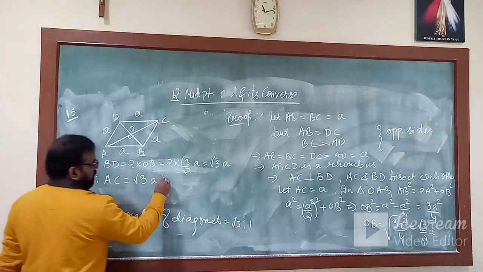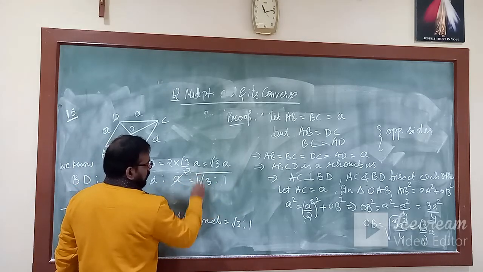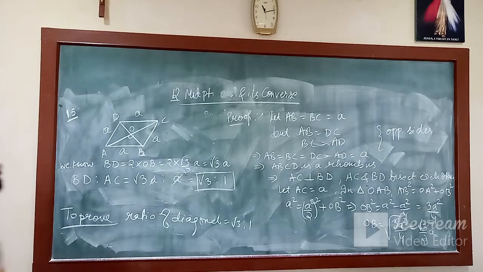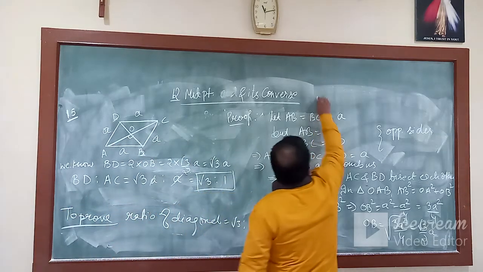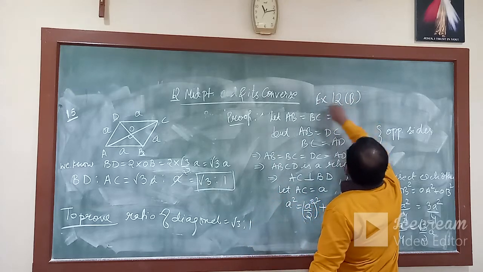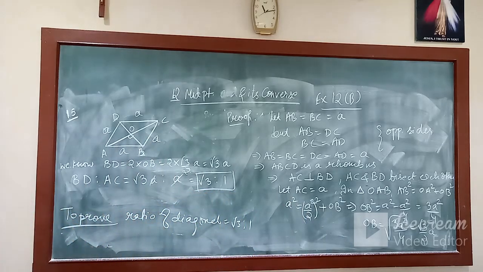Root 3 A is to A, that is root 3 is to 1. Hence proved. So like this you can solve the problems.